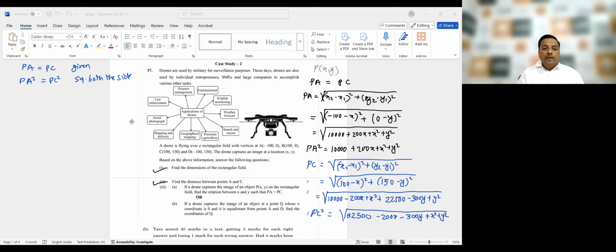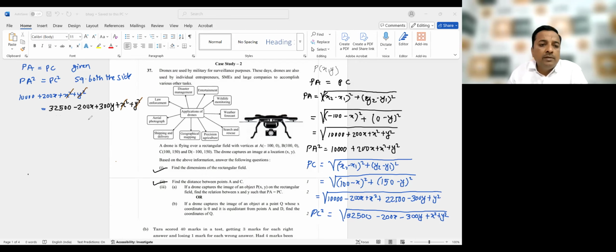The value of PA square is 10,000 plus 200x plus x square plus y square, and the value of PC square is 32,500 minus 200x minus 300y plus x square plus y square. The equal sign is there, and both sides have x square and y square, so x square and y square cancel from both sides.